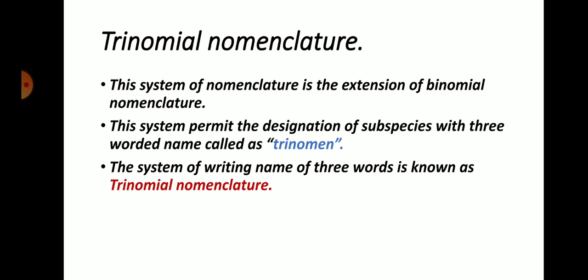For certain organisms which have subspecies, the subspecies name is written after the name of the genus, that is the generic name, and the species name, that is the specific name. These subspecies occur in different regions and have different characteristics. The system of writing a name of three words is known as trinomial nomenclature.